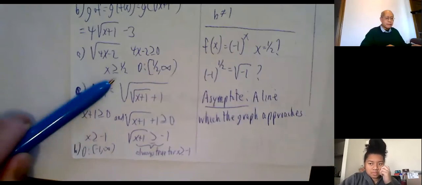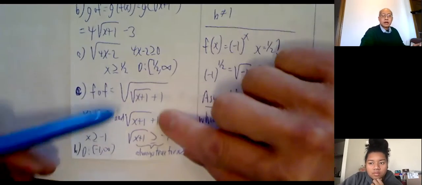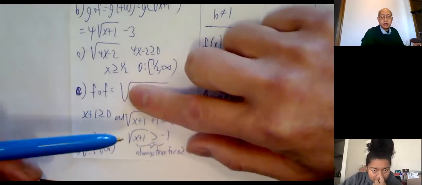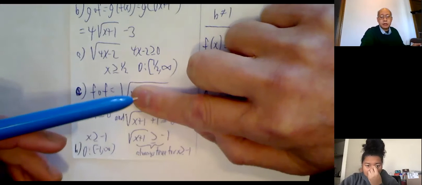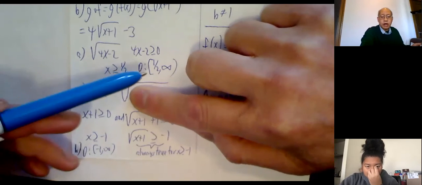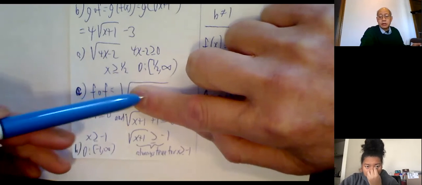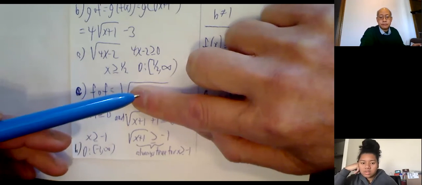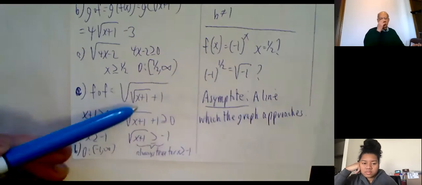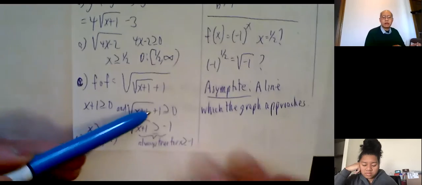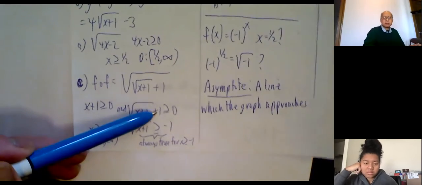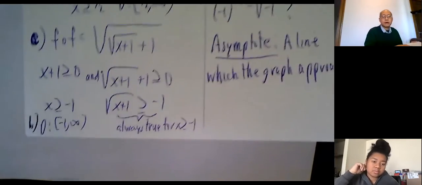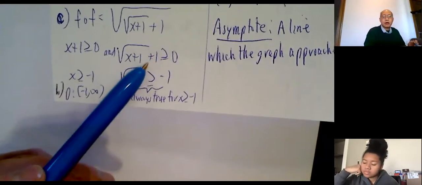Okay. And then on top of that, it's a square root of a whole mess. So again, I'll cover it up with my finger. So I see square root, blah, blah, blah. So whatever is behind my finger also has to be greater than or equal to 0. Right? So there it is. Radical x plus 1 greater than or equal to 0. I'll raise it up for focusing. Subtract 1.